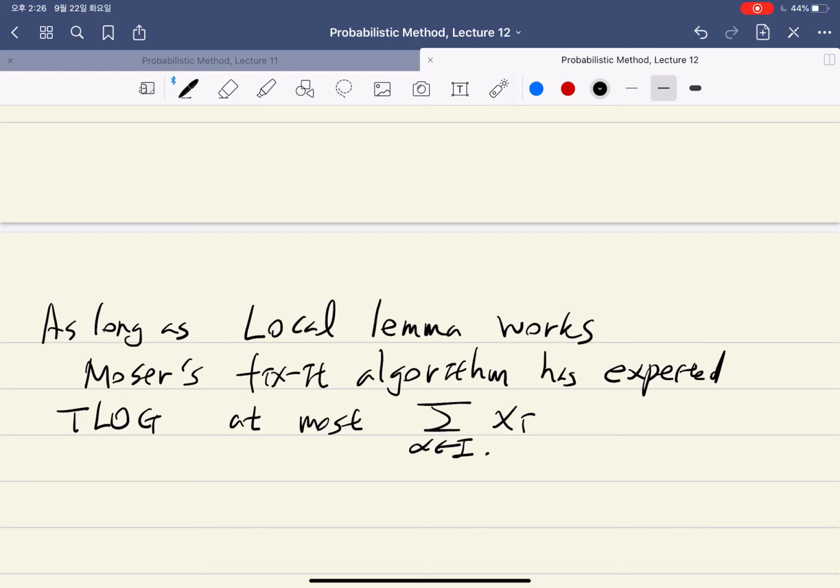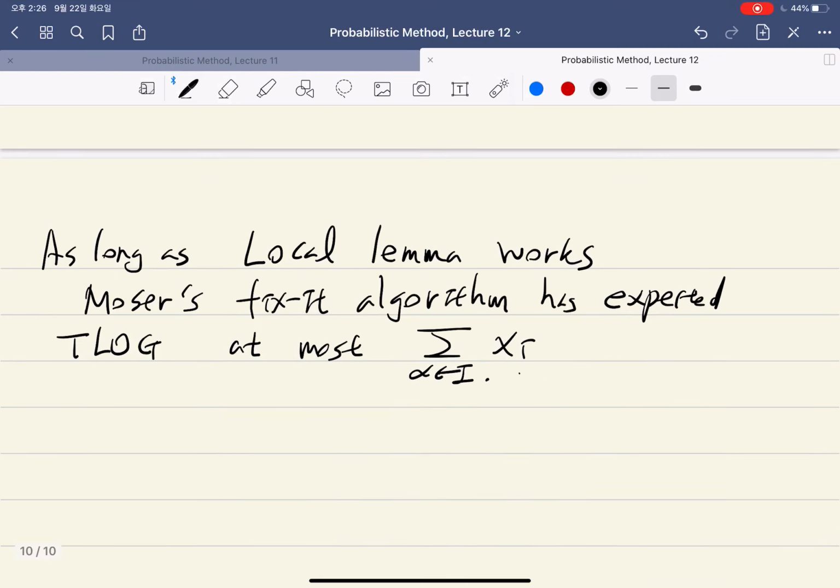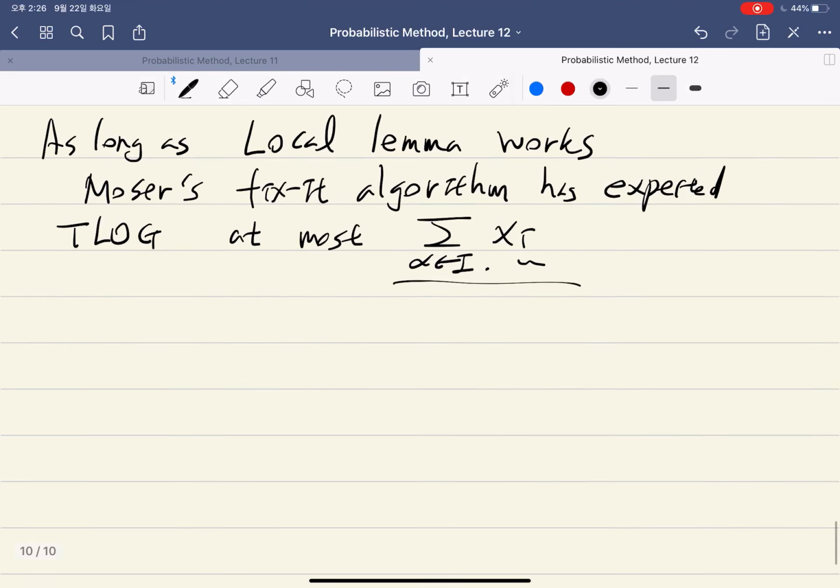In most of the applications of local lemma, there are polynomially many bad events, and each xi is polynomially small. So the size of I is only polynomial, and this expectation is at most some polynomial.